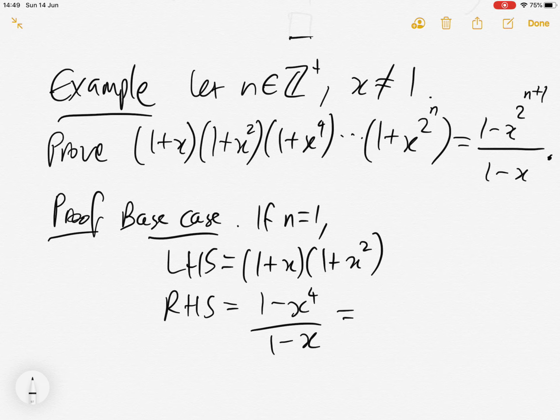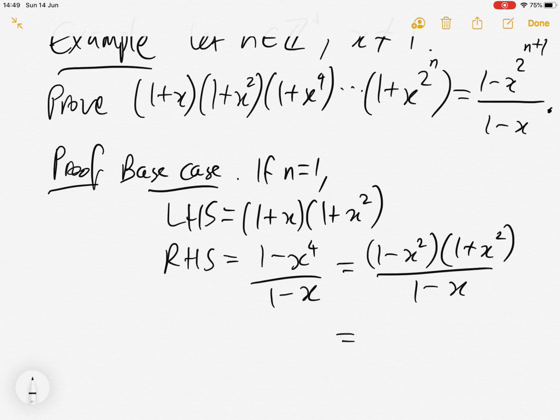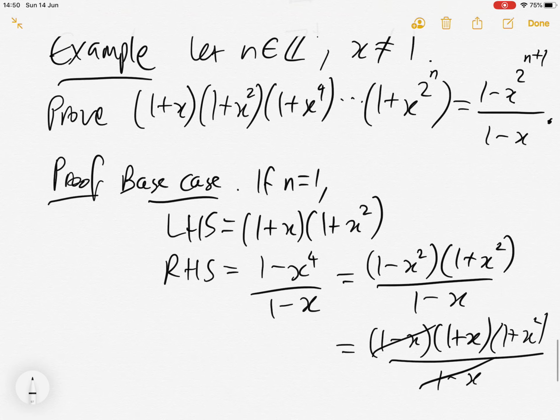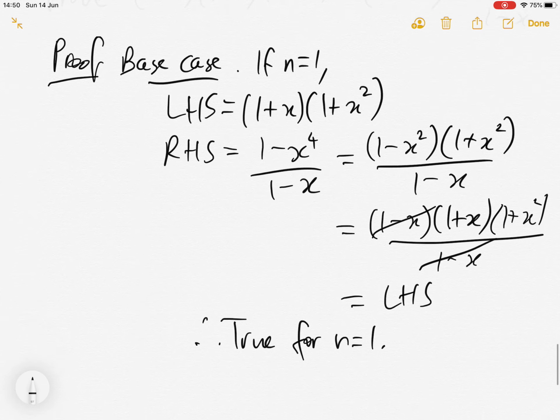And okay, this is slightly harder, but 1 minus x to the 4 is the difference of 2 squares, and then that factorizes even further, and then we can see we're going to get there the same because the 1 minus x's cancel, because x is not 1. So this gives us the left-hand side. So therefore it's true for n equals 1.